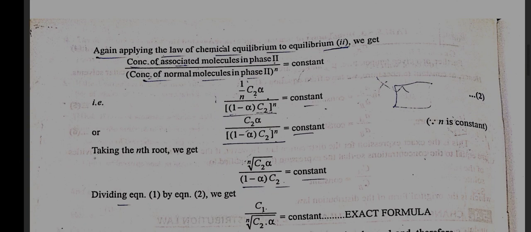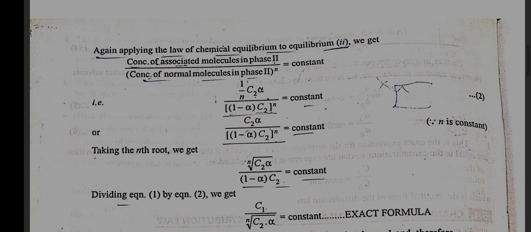Again, applying the law of chemical equilibrium to equilibrium 2, we get concentration of associated molecules in phase 2 divided by concentration of normal molecules in phase 2 to the power n equal to constant. 1 by n C2 alpha divided by 1 minus alpha into C2 to the power n is equal to constant.